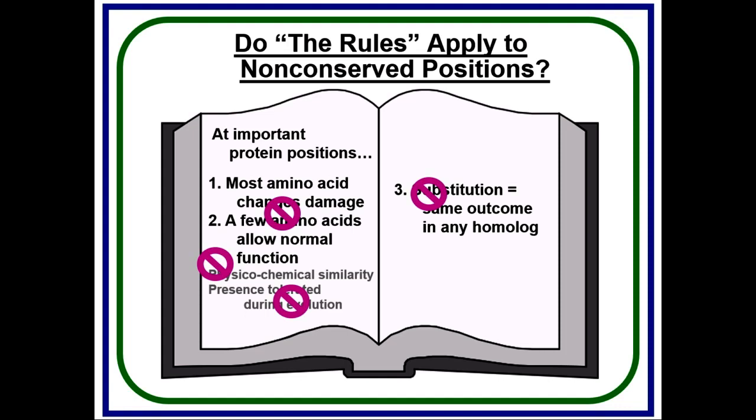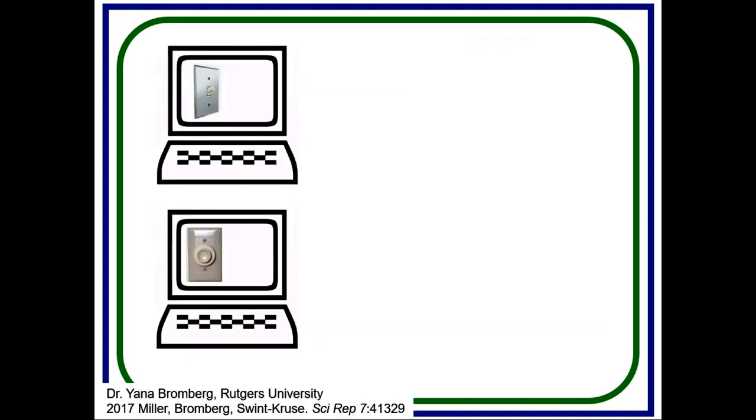That got us thinking, if rheostat positions don't follow these canonical substitution rules, these must be the positions where computer algorithms are failing to make good predictions. So we addressed that explicitly.